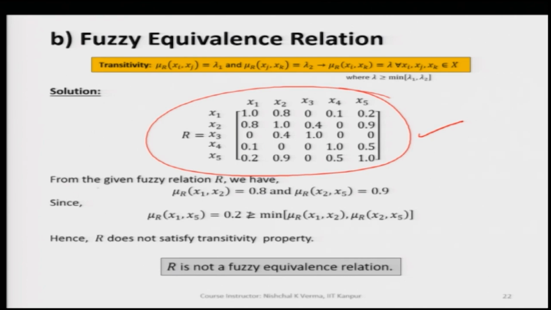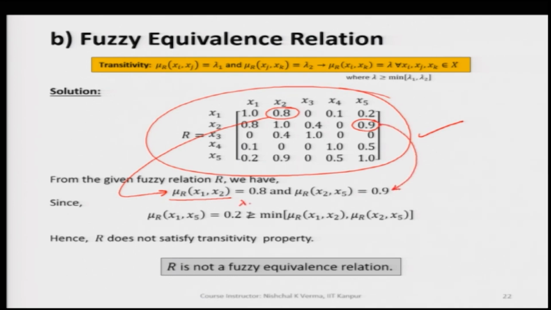So, when we take mu R of x1 and x2, which is nothing but this element, you can see this is 0.8, and when we take mu R of x2, x5, this is mu R x2, x5.